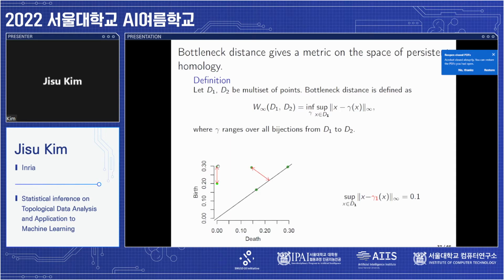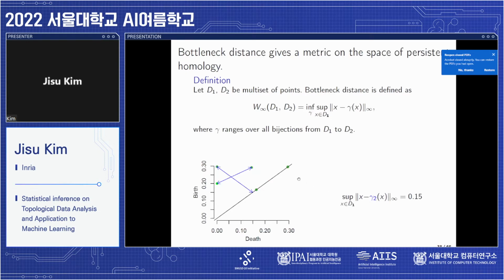So for example, the infinity distance for this matching is say 0.1 here, and here the infinity distance of this matching would also be say 0.1. Then you take the supremum over all matched points, so that will be 0.1.